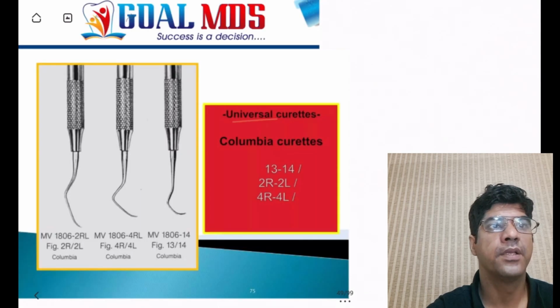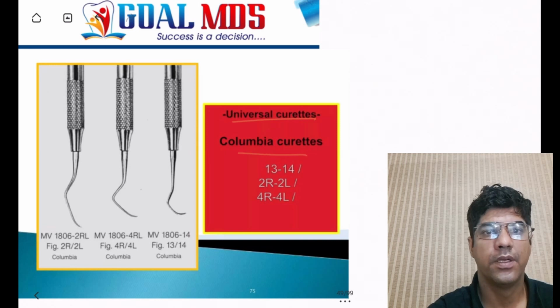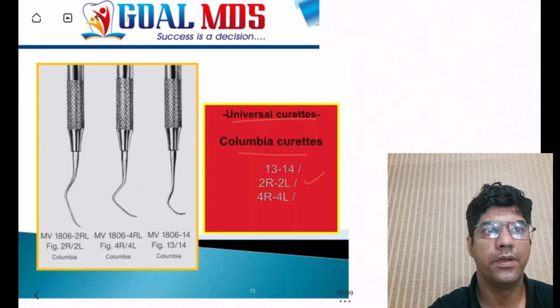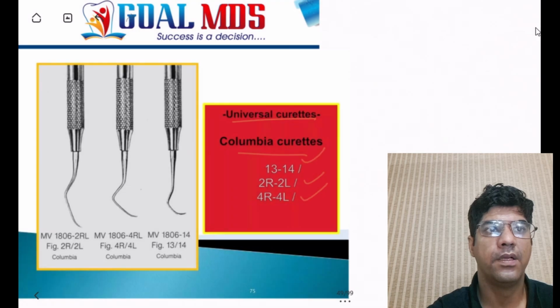Examples are the universal curettes or the Columbia curettes 13/14, 2R/2L, 4R/4L. These are all examples of curettes.